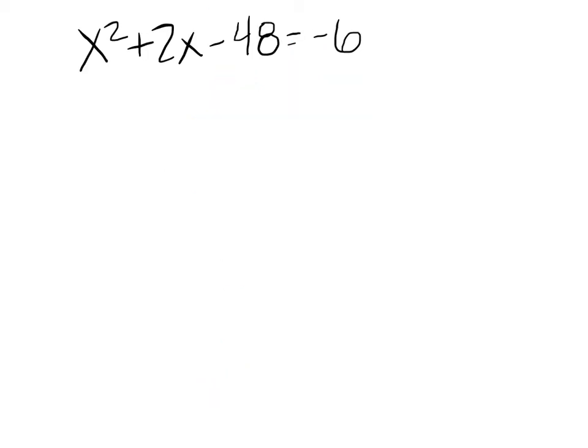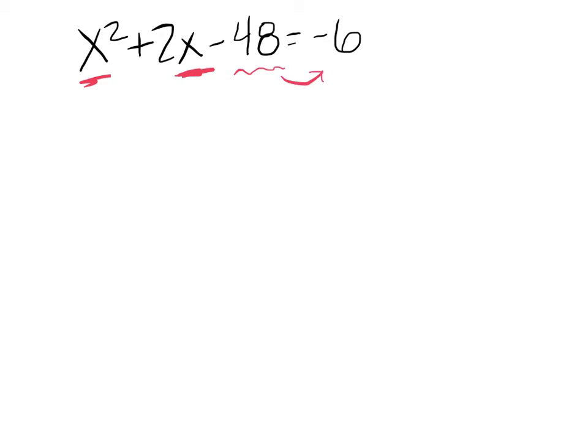So here we have a problem where we have x squared and we have x. We can't solve using square roots if we have more than one x. So what we need to do is we need to complete the square. That's a way for you to write it with only one x. So think about what we did when we completed the square. We moved whatever was not an x over to the other side.